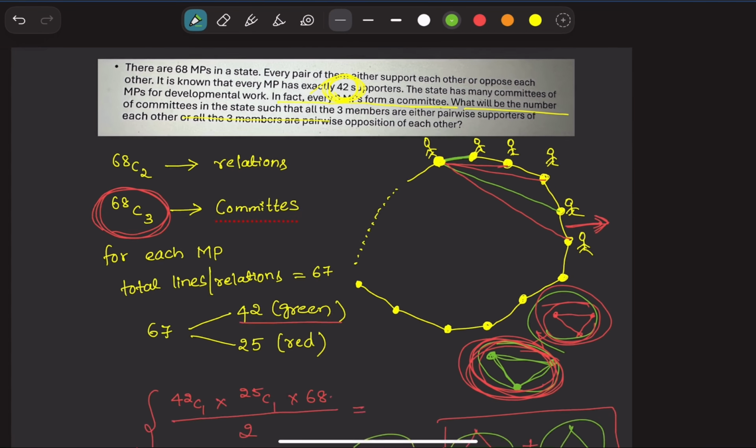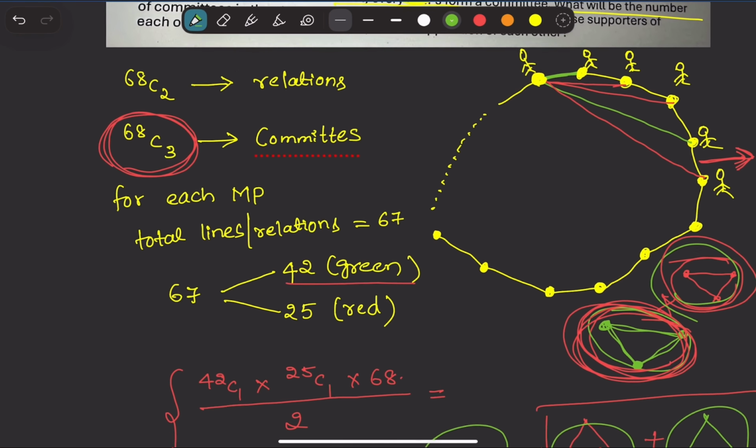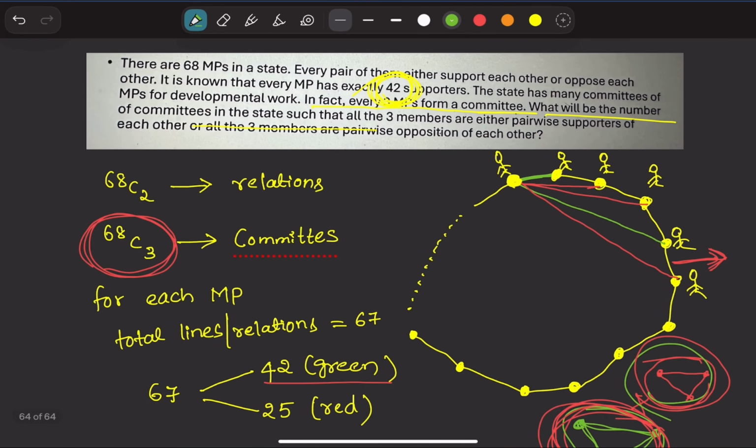I think you have got something to learn from this question. This is a very beautiful question where you convert a permutation problem into a geometry problem, and then you have to realize that the relation between each pair of MPs is either the side of the regular polygon or the diagonal of the regular polygon. Once you realize that, you have to color the sides and diagonals.